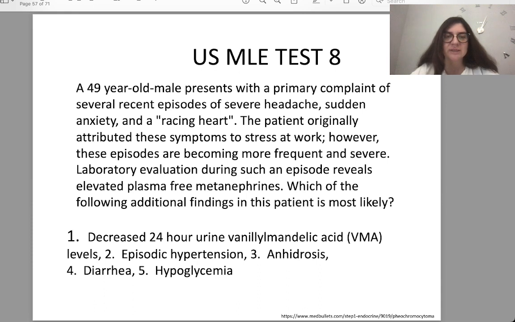Laboratory evaluation during such an episode reveals elevated plasma-free metanephrines. Which of the following additional findings in this patient is most likely? Option 1, decreased 24-hour urine vanillylmandelic acid levels. Second, episodic hypertension. Third, anhidrosis. Fourth, diarrhea. Fifth, hypoglycemia.